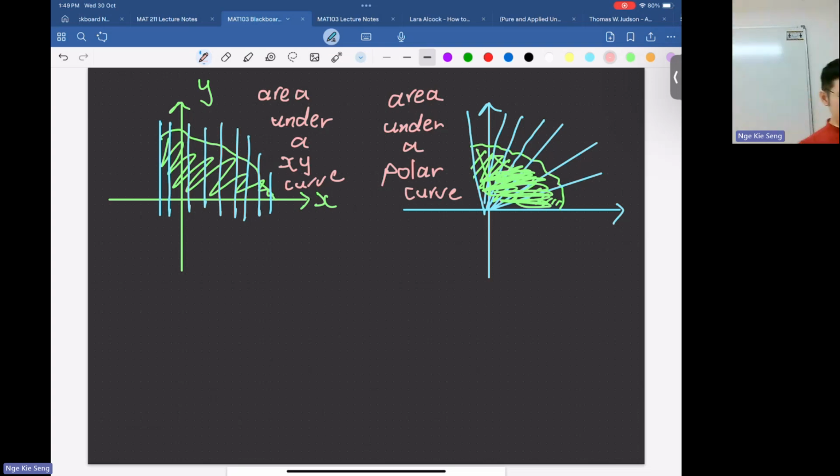Okay, all right. So this curve here is wavy or squiggly. So how to do it? We also use the limit method here.